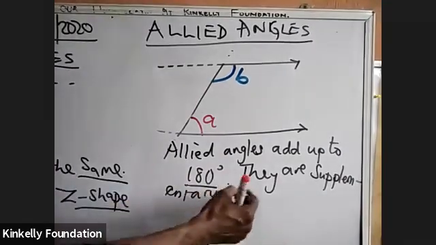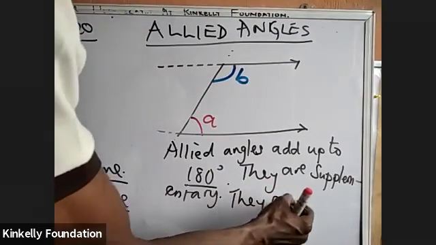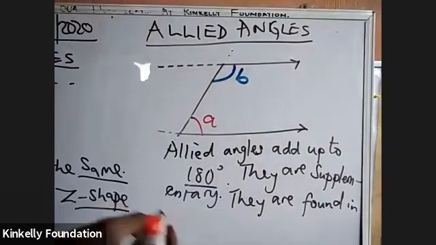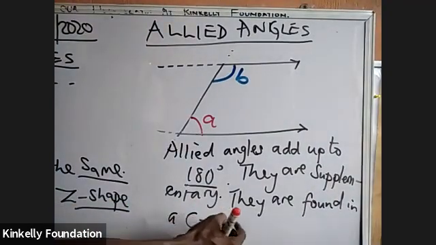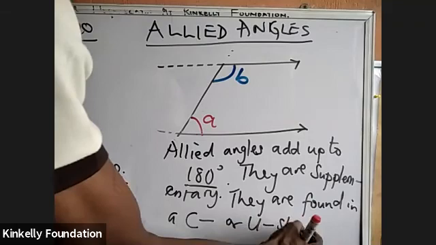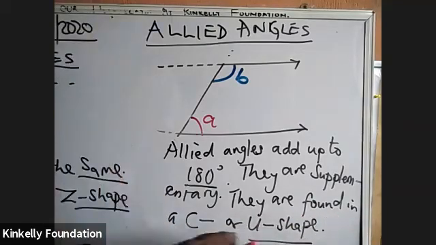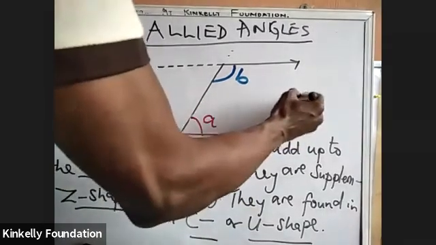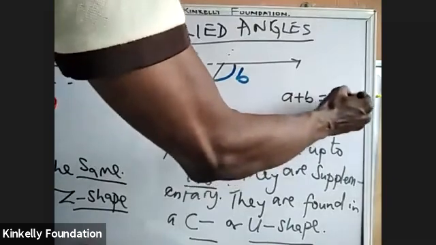And they are formed in a C or U shape. So take note of this. Allied angles add up to 180 degrees, and they are found in that form. Now, what do you have to say here? That A plus B is equal to 180 degrees.